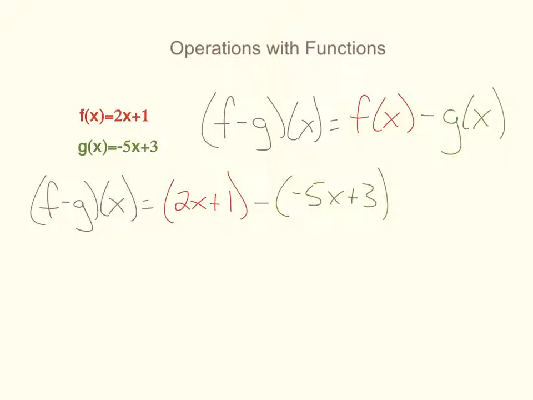So I'm going to rewrite this as 2x plus 1 plus 5x minus 3. And now I'm just going to combine like terms. 2x plus 5x is 7x. 1 minus 3 is minus 2. So f minus g of x would be 7x minus 2.